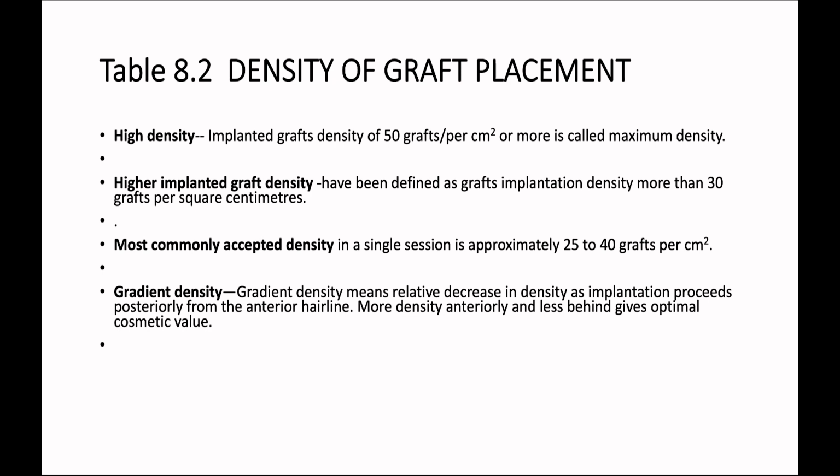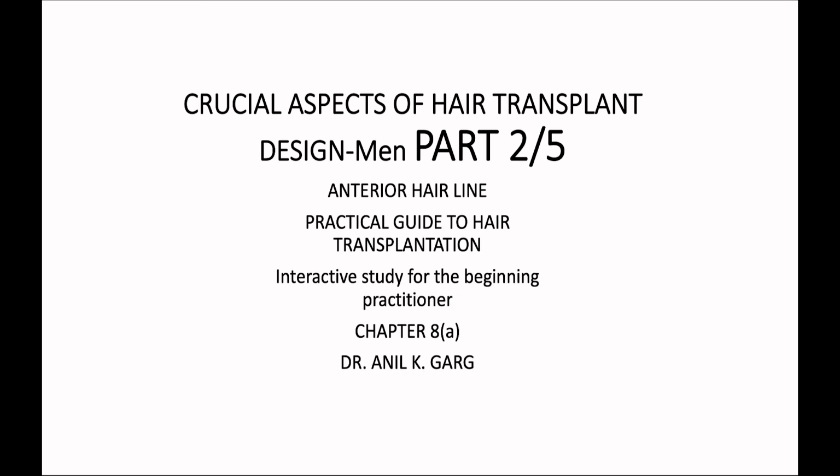That is called the gradient density. More density anteriorly and less behind gives optimal cosmetic value. A cosmetic density is usually achieved just by putting 30 to 45 grafts per square centimeter. So these are the important points.